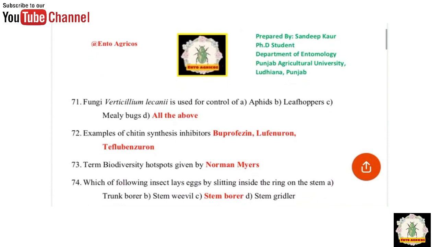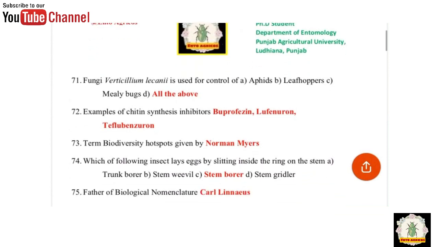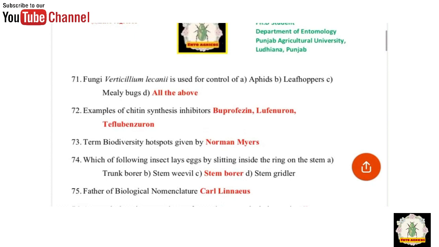The correct answer is stem borer, the insect which lays eggs by slitting inside the ring of the stem. Father of biological nomenclature is Carl Linnaeus.